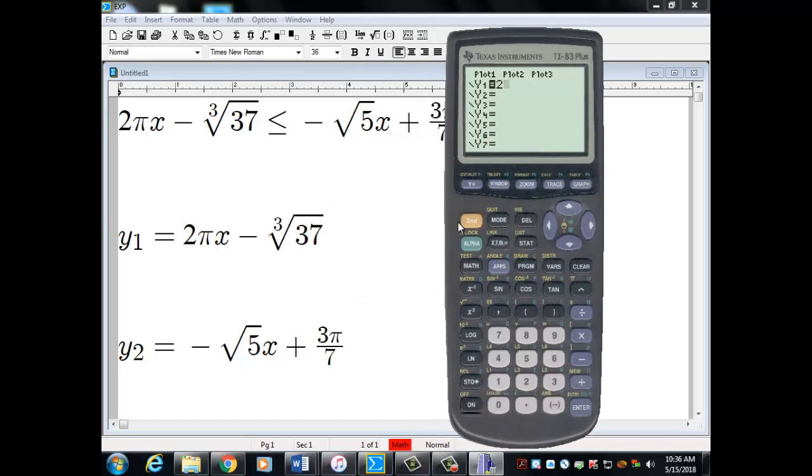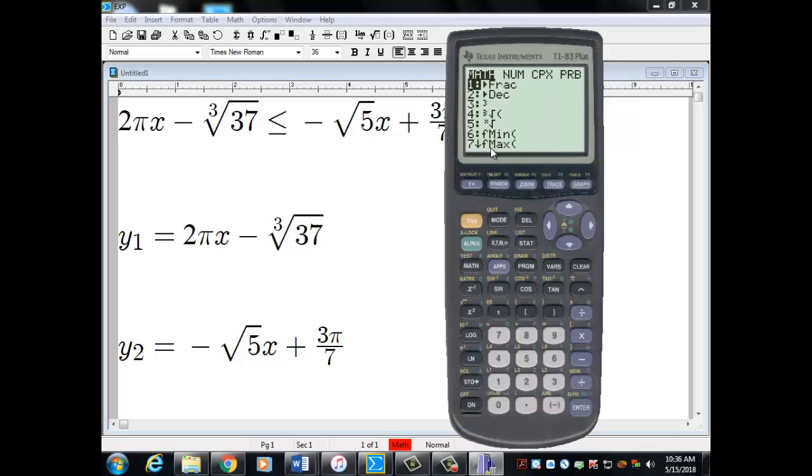So 2 pi x minus cube root. Now, how do I do the cube root of 37? I could do 37 raised to the 1/3 if I want to. That's cumbersome. Or we go to math.